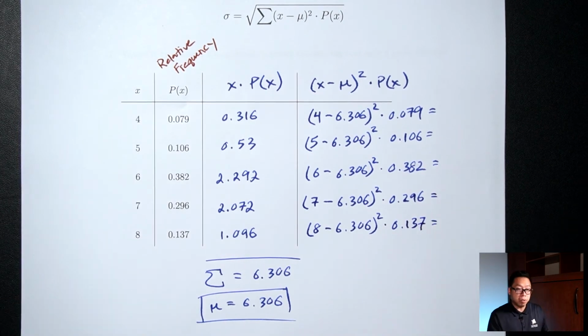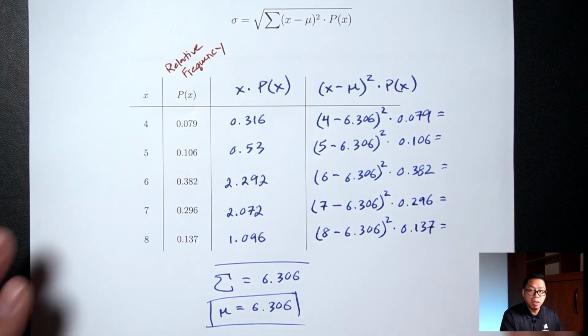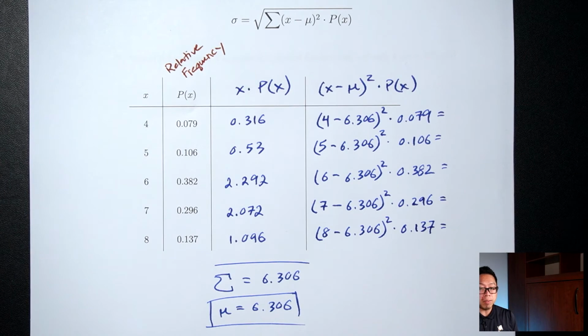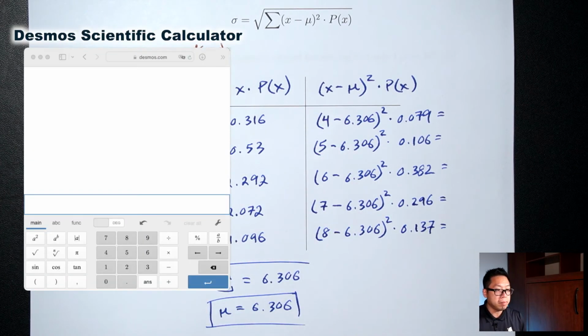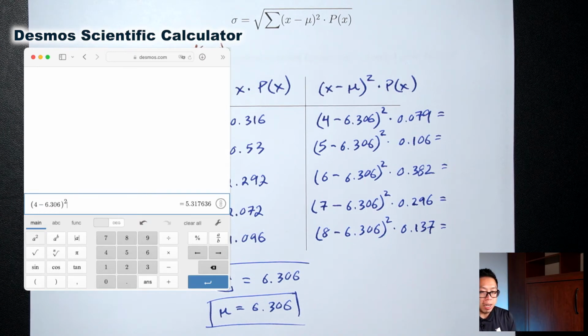Okay, so now let's go through and enter all of this in the calculator. I recommend using the Decimal Scientific Calculator and just enter it exactly like you see it here. So parentheses, 4 minus 6.306, close parentheses, square it. That's the a with a little 2 in the superscript, times 0.079.